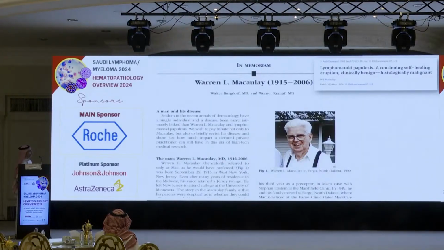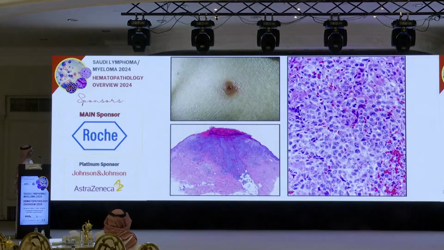This is the person who described LYP, I think in 1968. This disease looks ugly under the microscope, but clinically it is more indolent. And this is one of his patients.